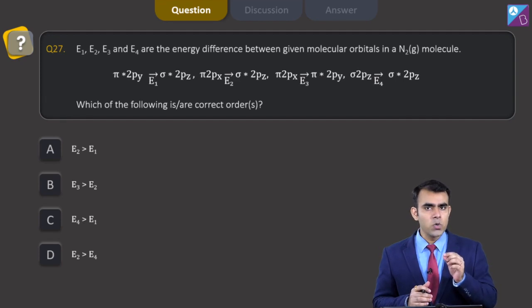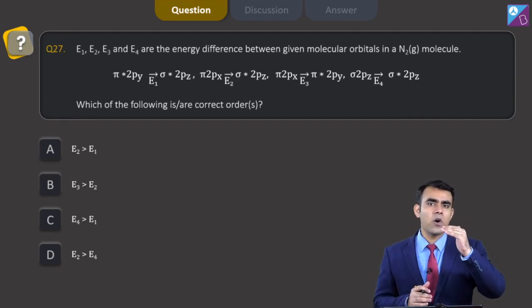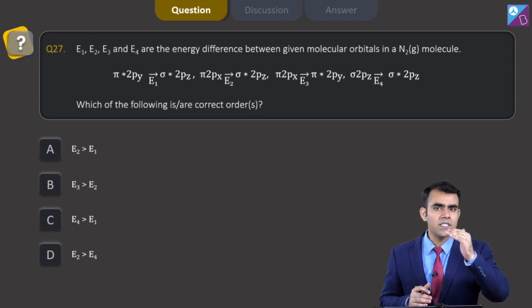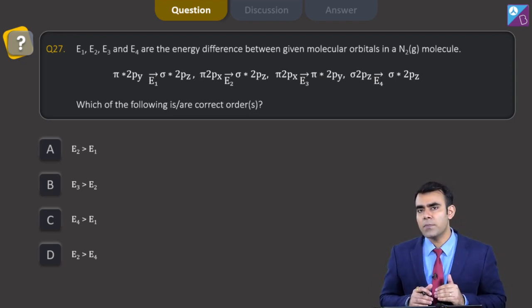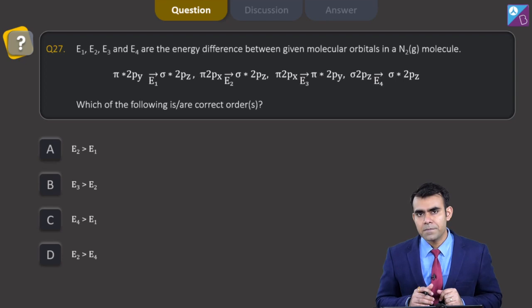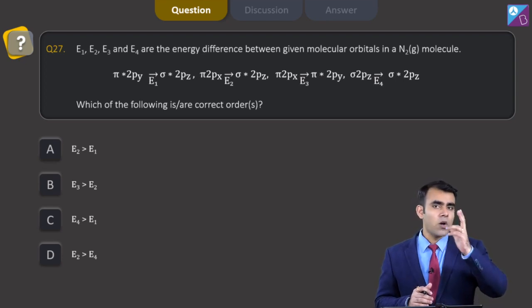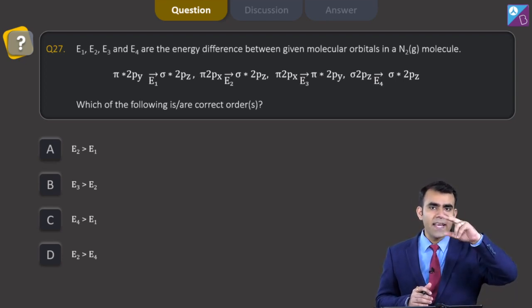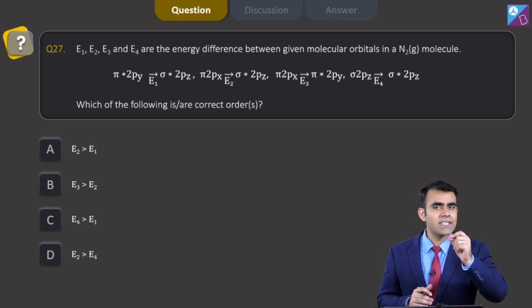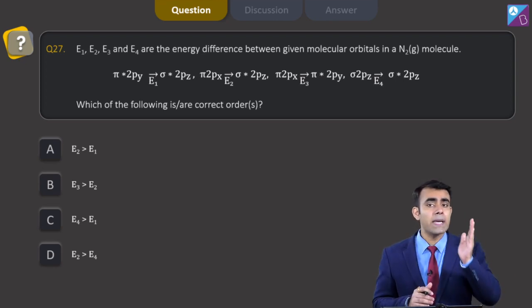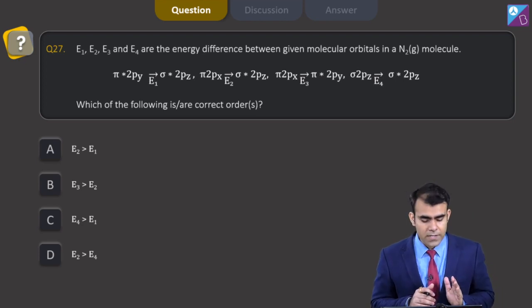Now in N2, we know that the pi bonding orbital has lower energy than the sigma bonding orbital in 2p. Similarly, if we talk about oxygen, then the case is reversed. There the sigma 2p has lesser energy than the pi bonding 2p orbitals.